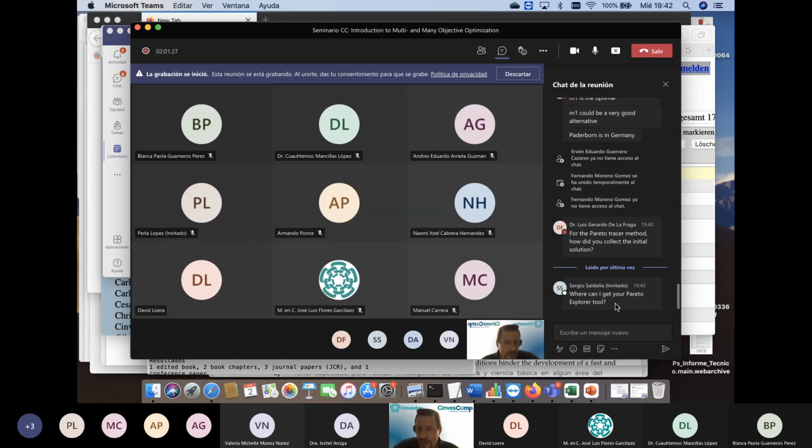Okay, there is a question for the Pareto Tracer and the Pareto Explorer, the tools. Yes, the Pareto Tracer is online. We have the code, this is in GitHub, so that is fine. The Pareto Explorer is not yet available. We have a version which is for research. We can use it, we also give it away, but it's not completely done in the sense that we have not yet documented it.